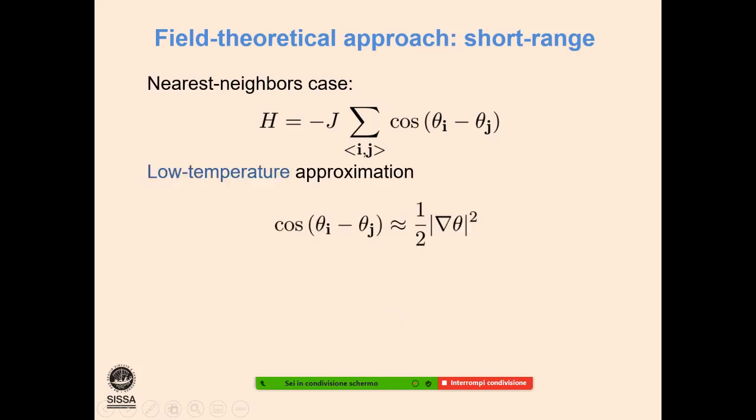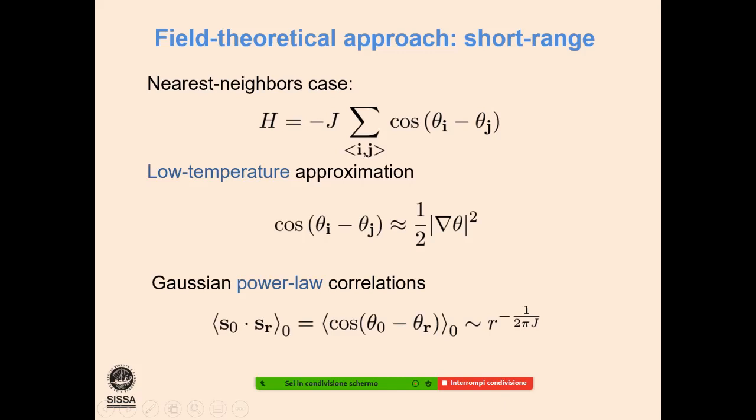Now, what we can do then is to expand at low temperature this cosine in Taylor, and we end up with a quadratic theory, a massless Gaussian theory, which describes this theta. In turn, this tells us that the correlation functions of this Gaussian theory are always power laws, as we can see.